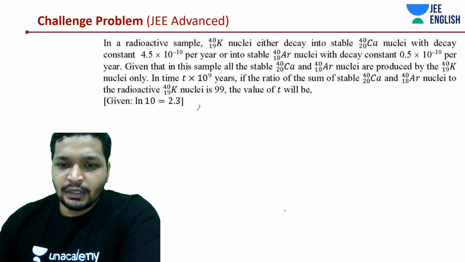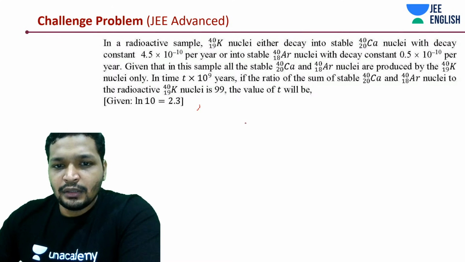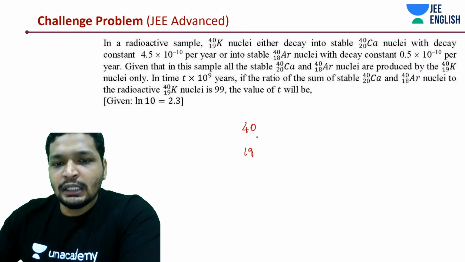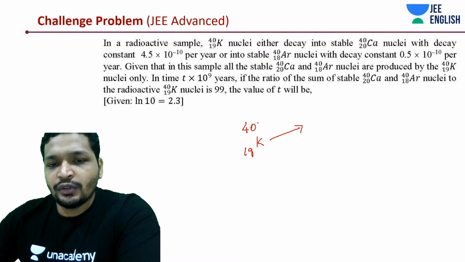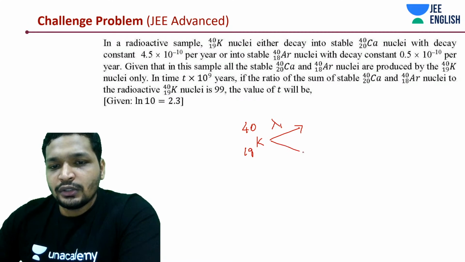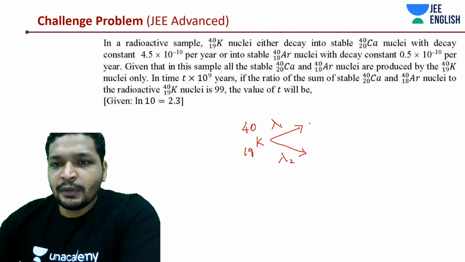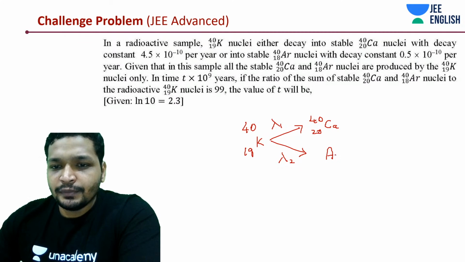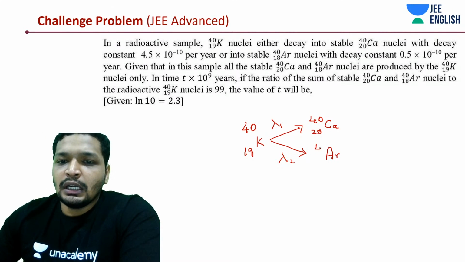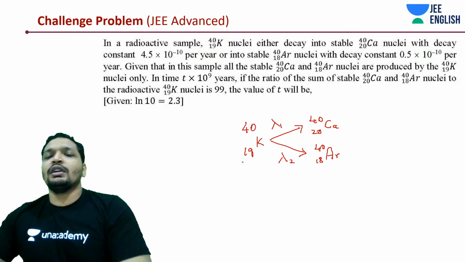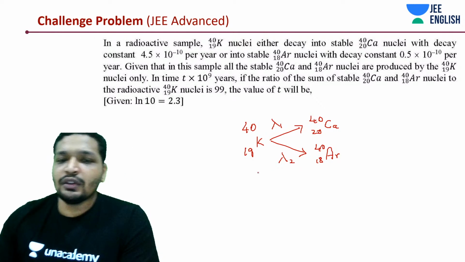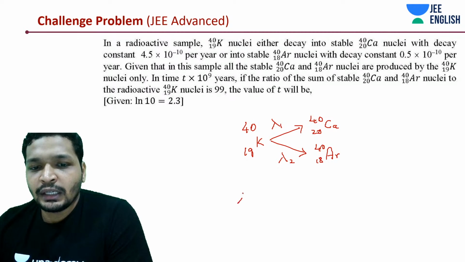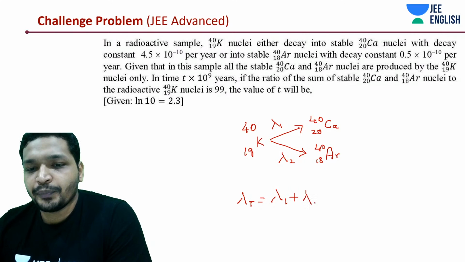So this is what is happening. 40 and 90, this is getting into two things. This is going to be lambda 1, this is going to be lambda 2, and lambda 1 gives you some calcium, and lambda 2 gives you some argon, a noble gas. Now what is the total decay constant of the reaction? It can be written as lambda 1 plus lambda 2.